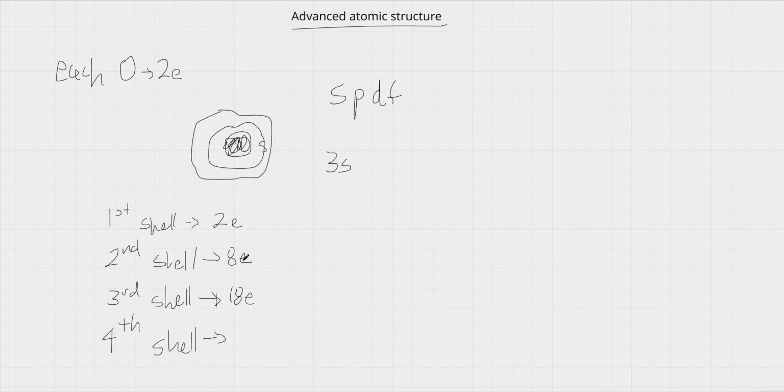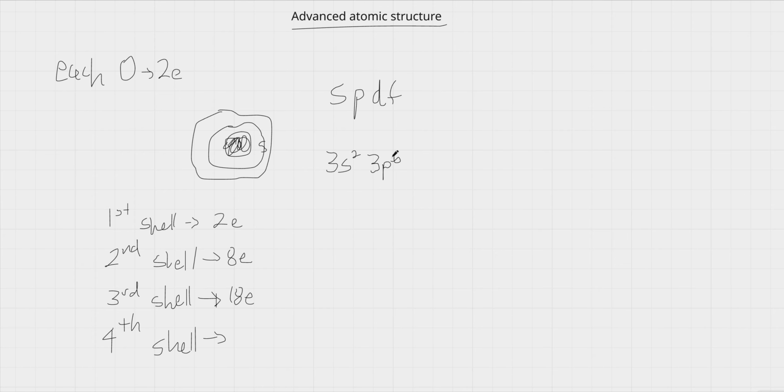The previous ones, you can basically just remember each shell as having its own set number of orbitals. And we write a little exponent here to tell us how many electrons are stored in there. So 3s2, then 3p2. What happens here, sorry, I should write p6.